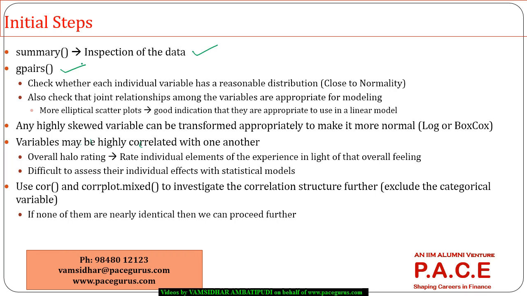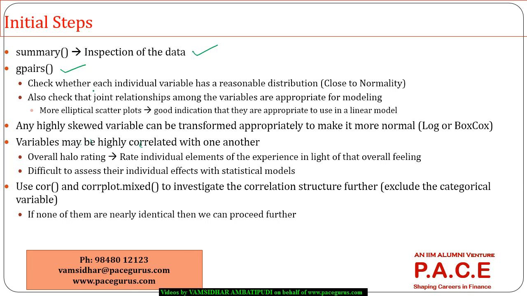Then it's better to use GGpairs rather than using scatter plot matrices with the pairs function. This is much more elaborate, as we have discussed earlier. Right, so let's use the GGpairs function.